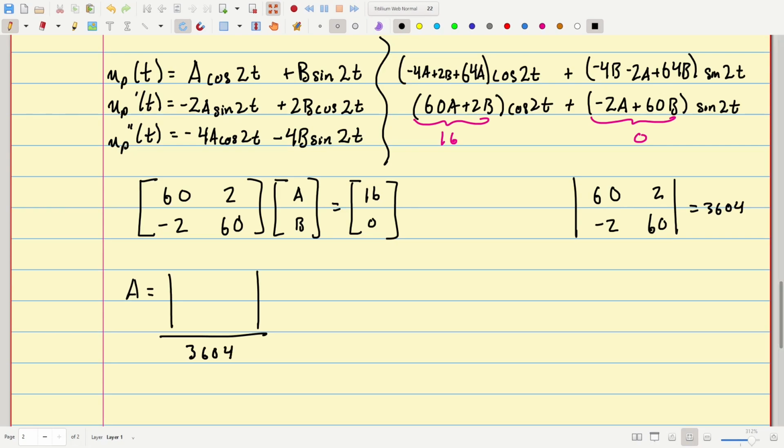We can use Cramer's rule in order to do this evaluation. We get 16 times 60, which is 960, minus 0, over 3,604. This fraction simplifies a little bit. You can divide both by 4.